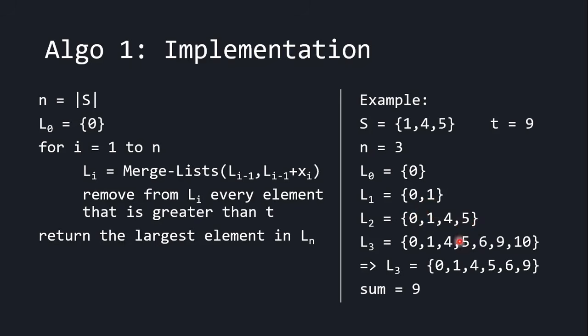To find L3, we need to increment L2 by 5 which will give us 5, 6, 9 and 10 and this will be merged with L2. 10 will be removed from L3 as it is greater than t which is 9. This will be the new L3. As the largest element in L3 is 9, the sum will be 9.